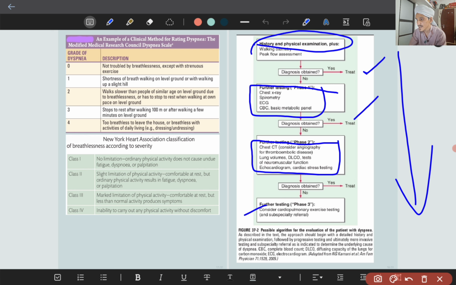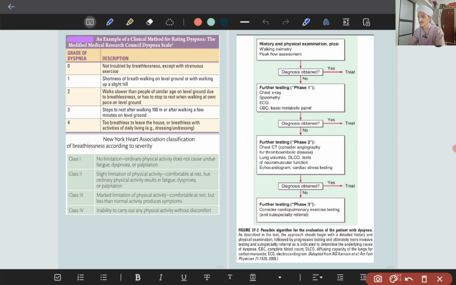Okay, second line investigations are mainly done by specialists. So we general physicians can do chest CT, HRCT at least, but other investigations specialists will do. Now, so this is about how to investigate a patient with breathlessness.